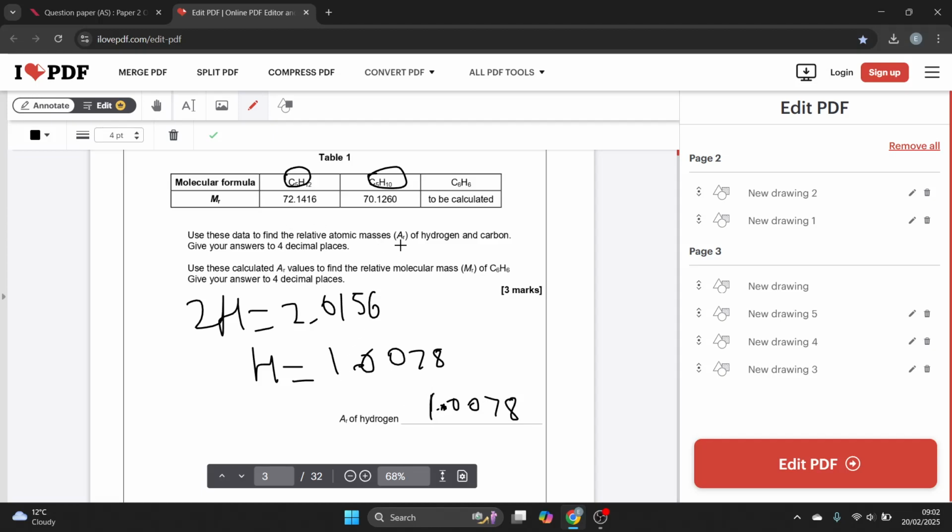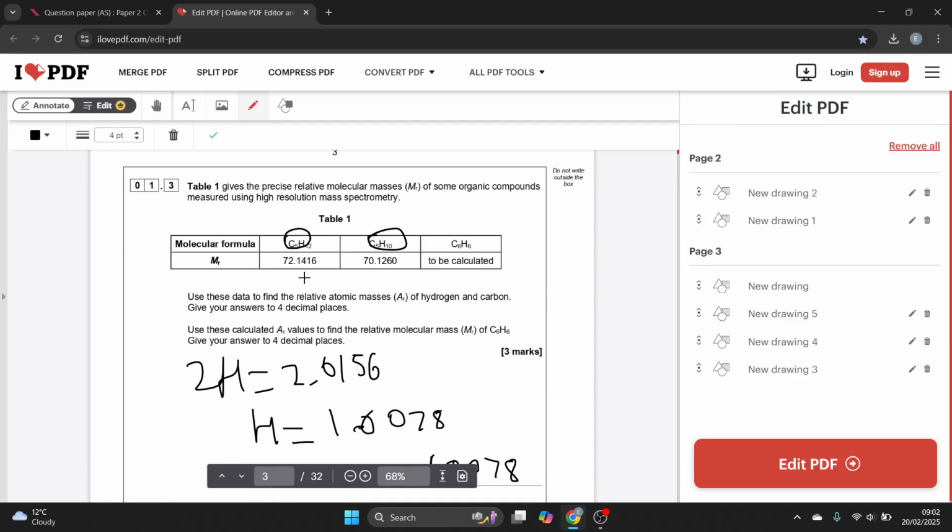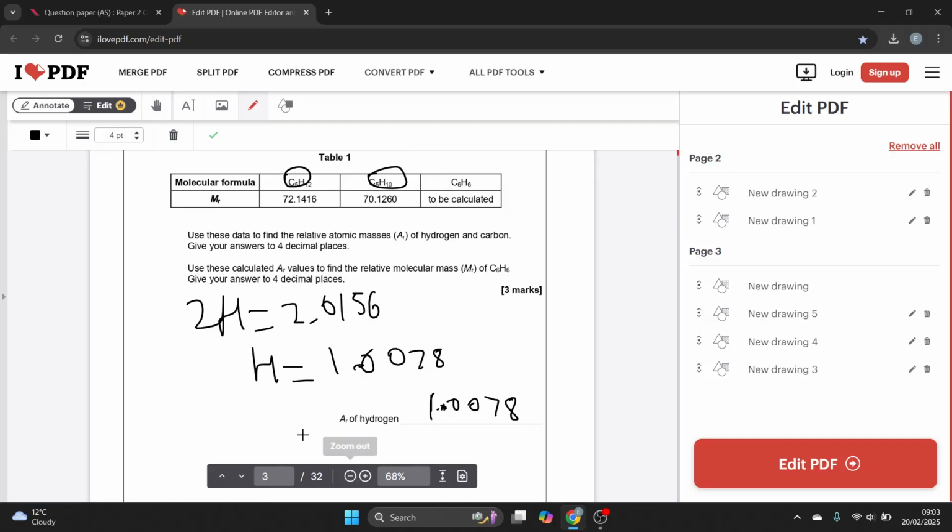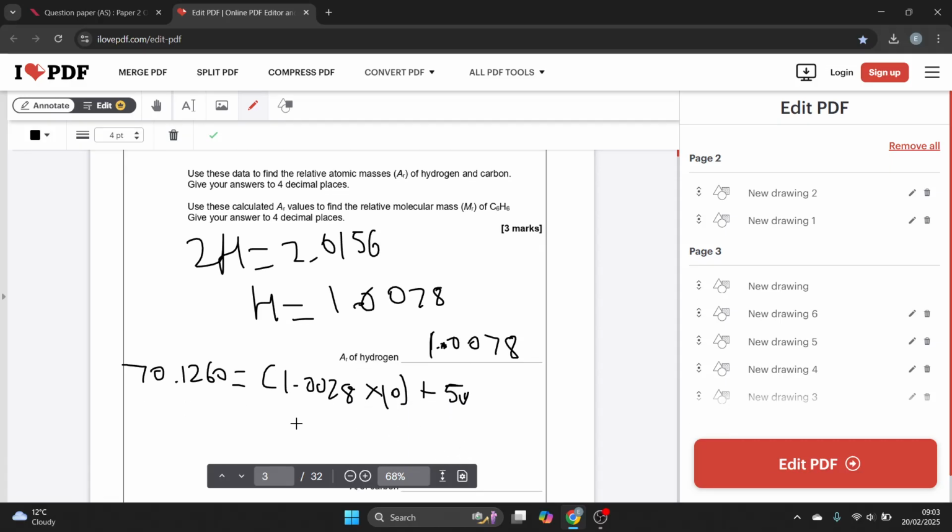Then to find the relative atomic mass of carbon, I know hydrogen, so I can find out carbon by just substituting hydrogen. So for example, C5H10, 70.1260 equals 1.0078 hydrogen times by 10 plus 5 carbons, we'll just say 5y.